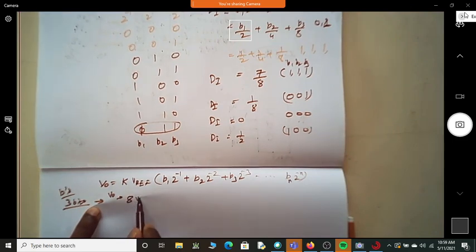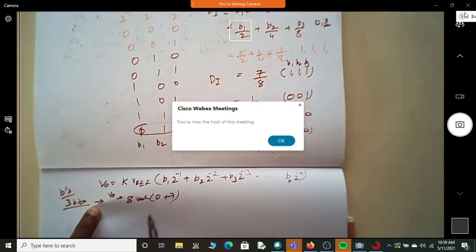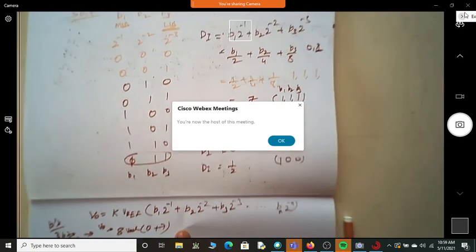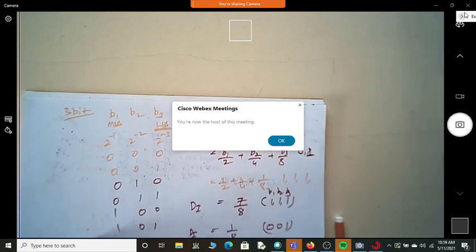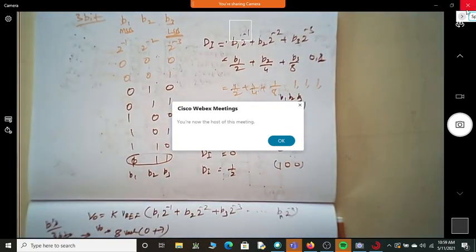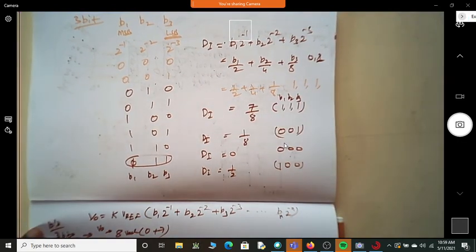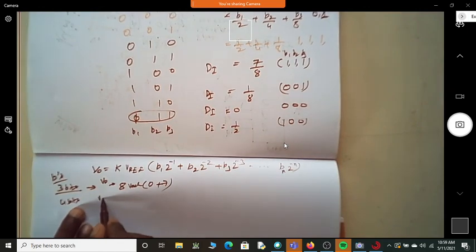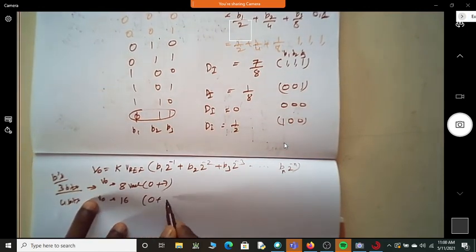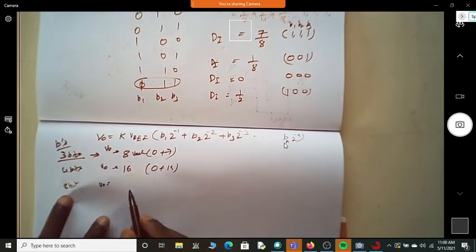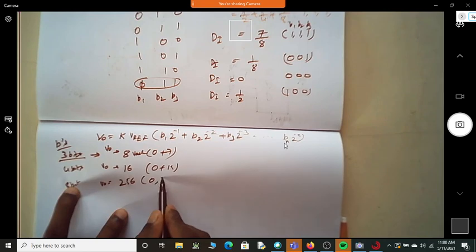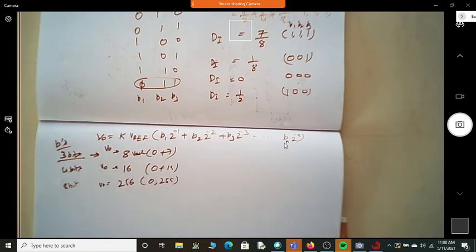You'll have 8 possible values, that is 0 to 7. If it is 4 bits, it is 16, which is 0 to 15. If it is 8 bit, what is 2 power 8? It is 256, so including 0, 255 different possible combinations.